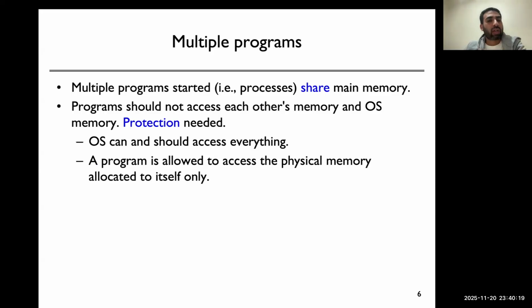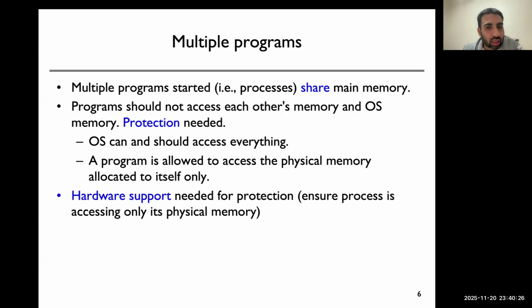And as I said, a user level process is allowed to access the physical memory allocated to itself only. By protection, I mean ensuring that a user level process can access only its own memory. To enable this protection, we need hardware support.